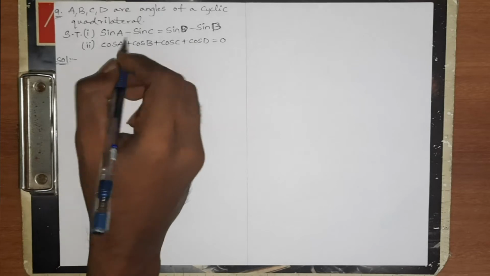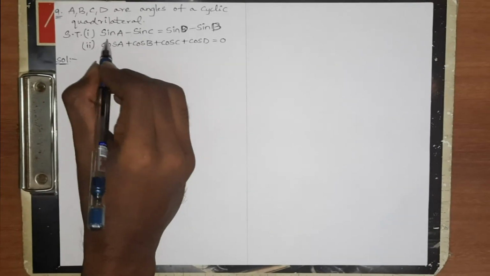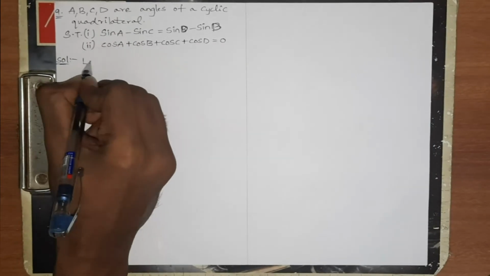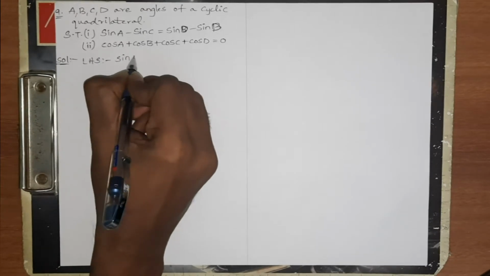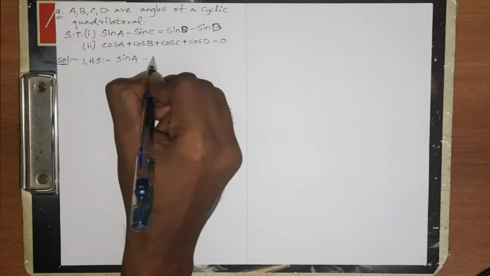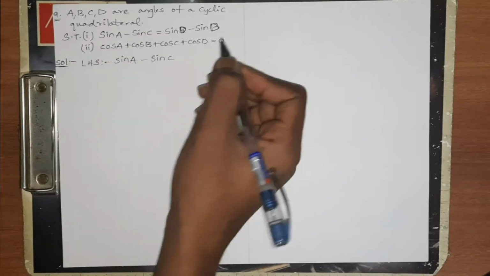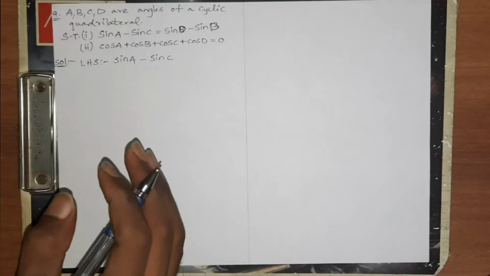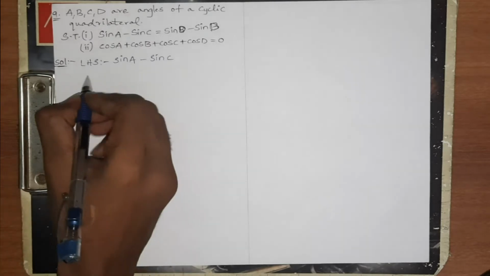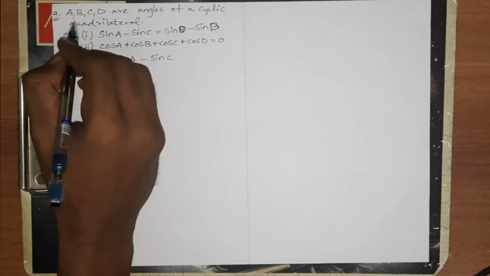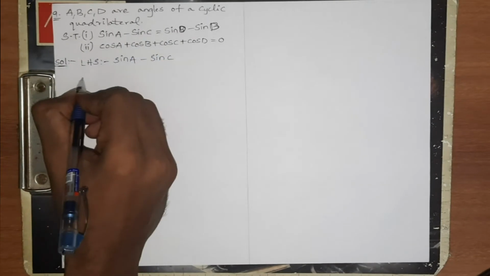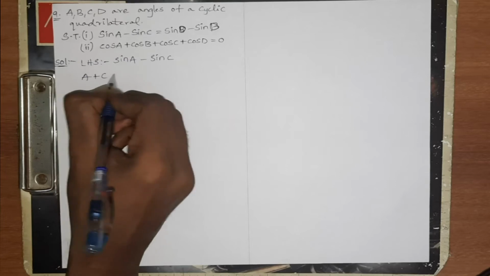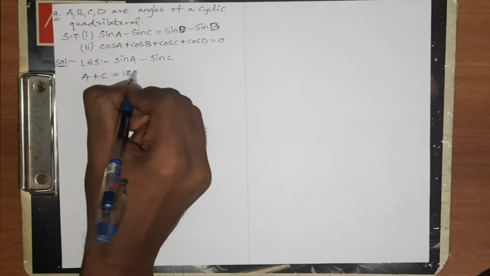In order to solve this, let's consider the LHS part of this first question, that is LHS is equal to sine A minus sine C. So in a cyclic quadrilateral, since A, B, C, D are angles of a cyclic quadrilateral, we have A plus C is equal to 180 degrees.